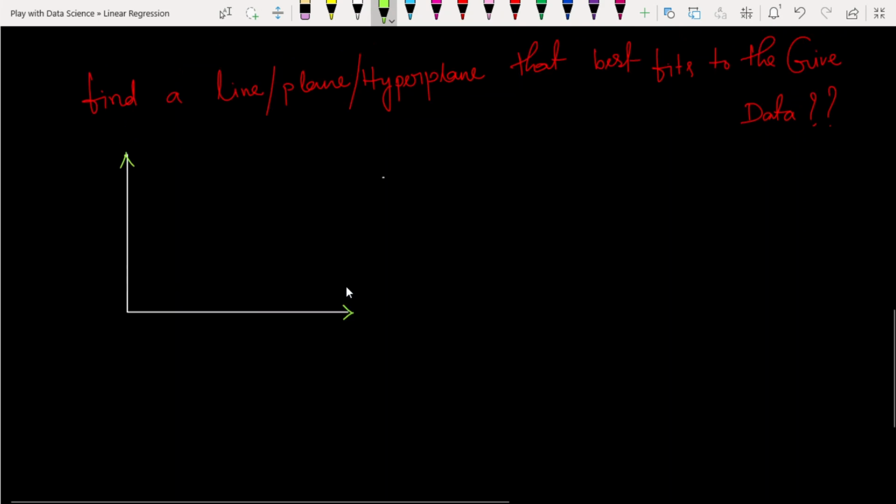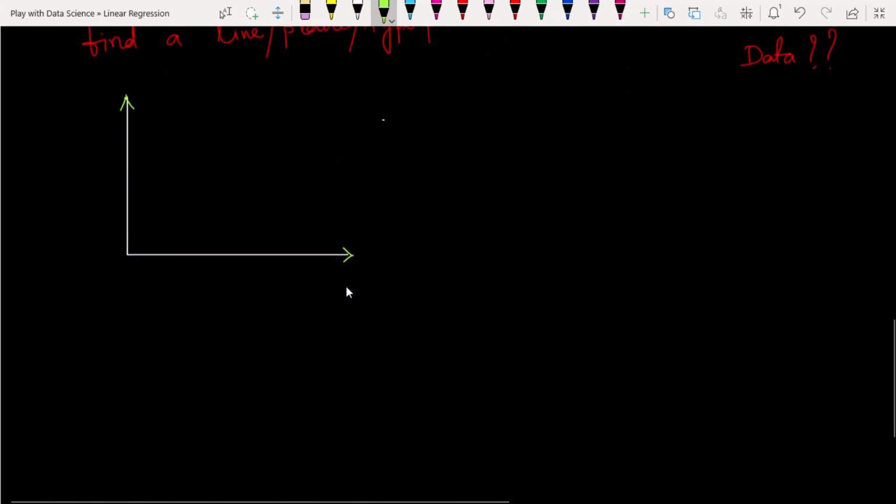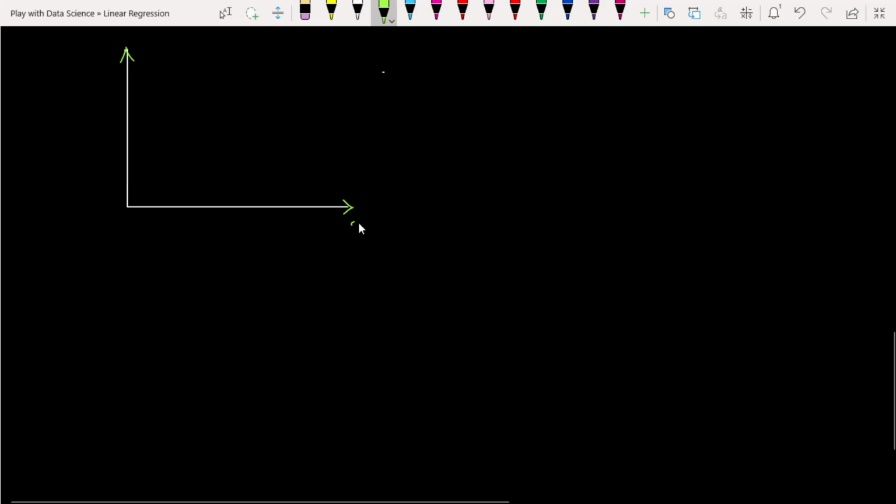I am not using f1, f2 here. On the independent axis we are using x, and for the dependent variable we are using y. Okay, and let's say our given data is this type of data.